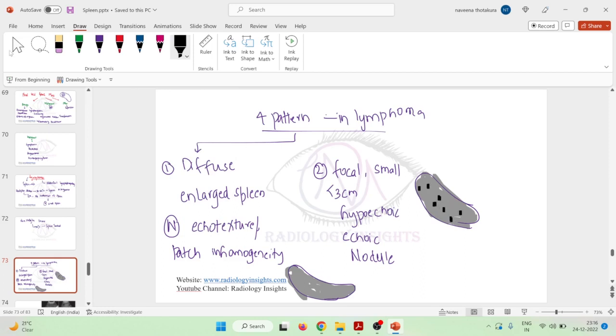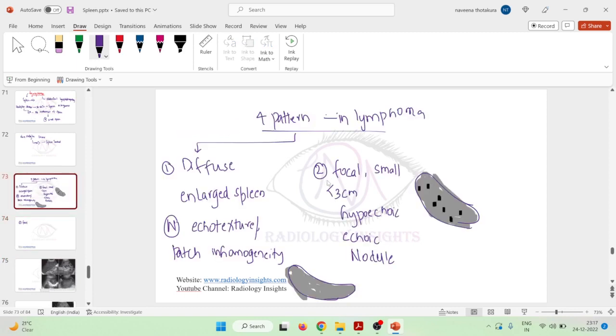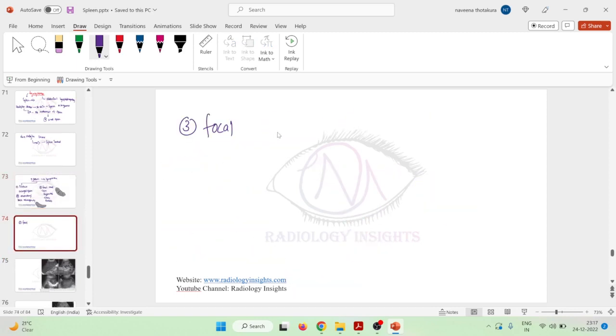Then the third pattern is also focal, but here, instead of small, there are large nodular lesions, more than 3 centimeters. This is the third pattern.